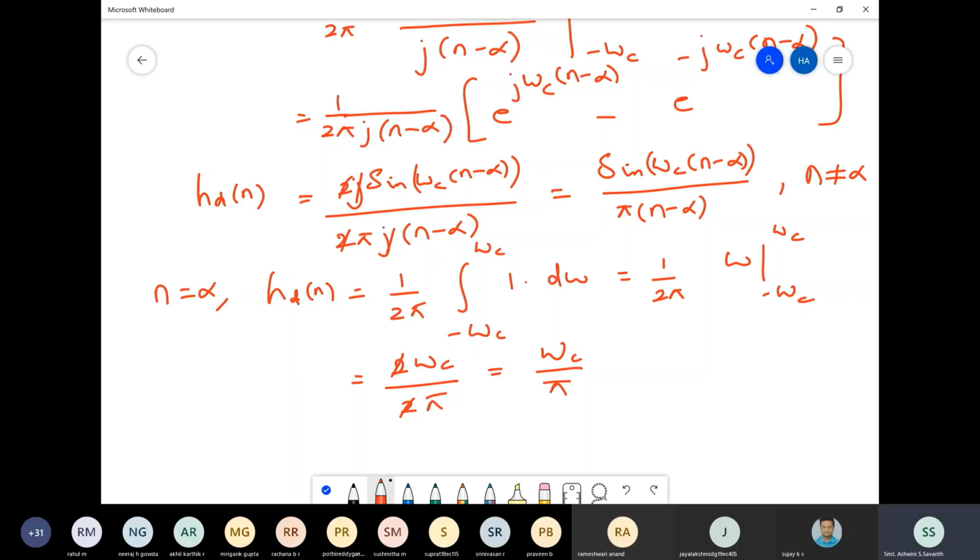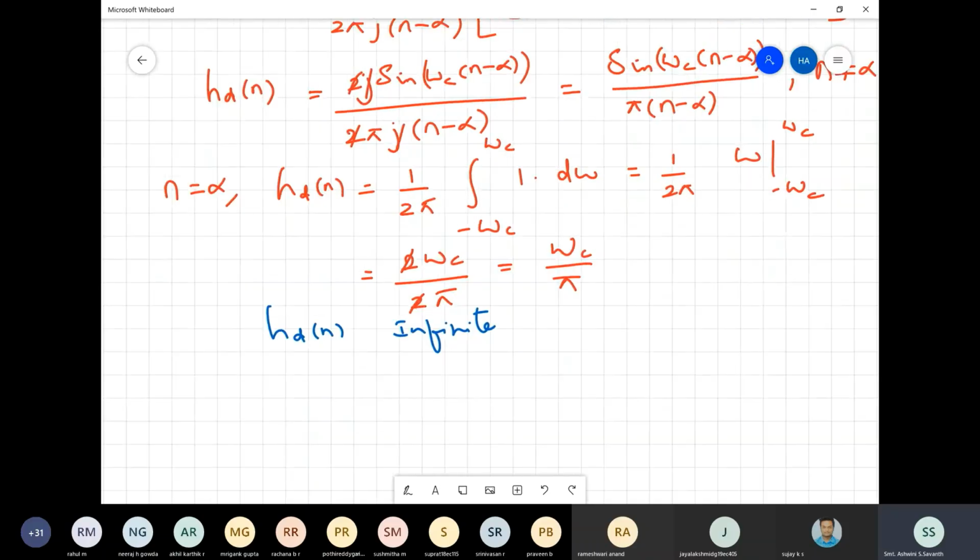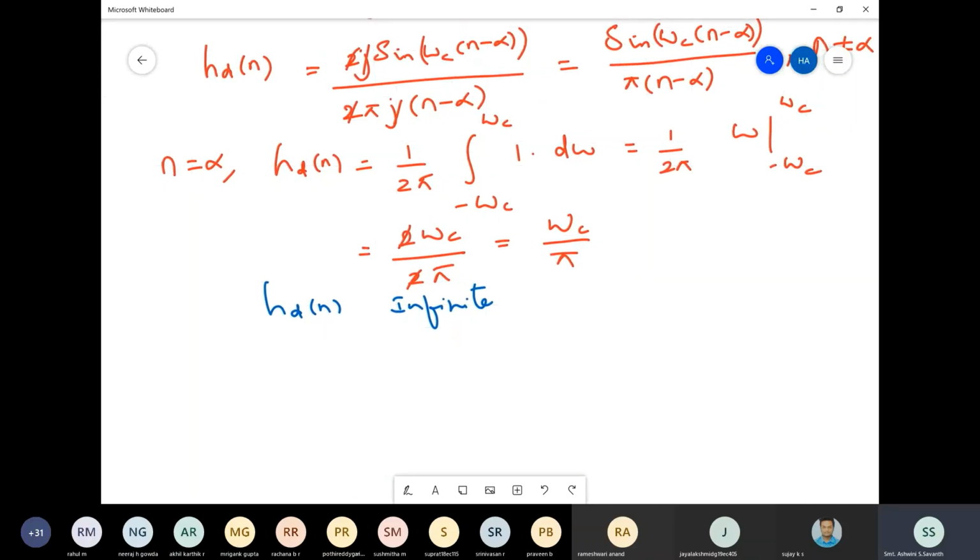Now what is the next step in your design procedure? You know that hd of n is an infinite duration sequence. This we know from the property of the Fourier transforms. So we multiply hd of n with the window function.